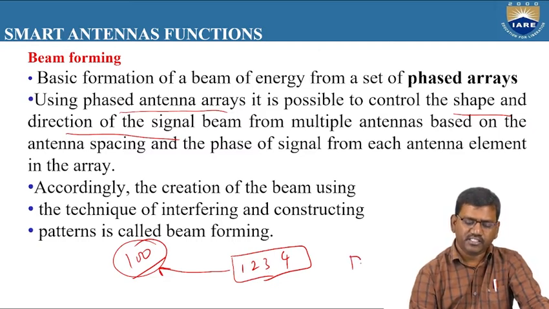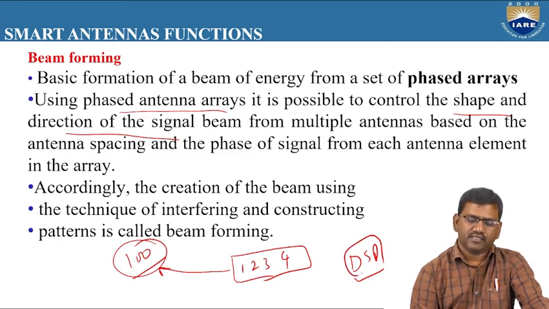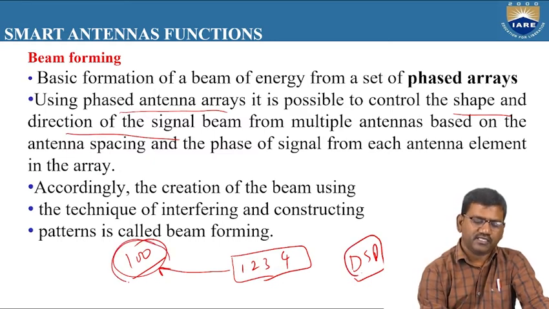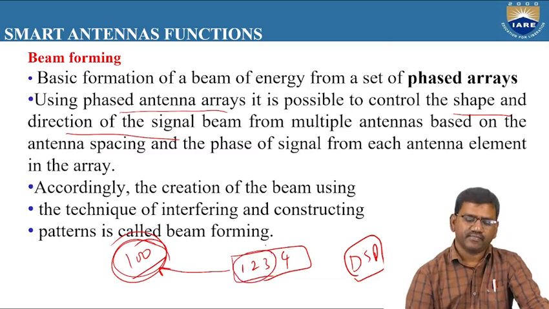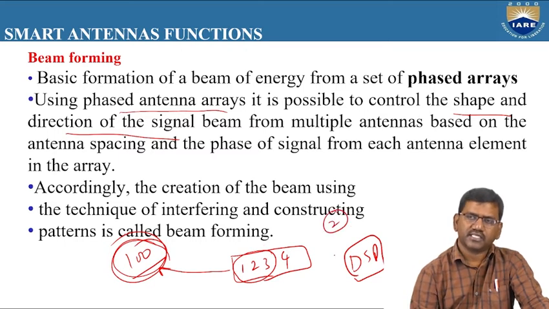So when this DSP sends the signal, suppose more users are there in this direction, 100. That means here 1, 2, 3 elements are internally combined in the smart antenna system. As there are 2 users in this direction, from element 4 the signal goes to the second user only. Right?